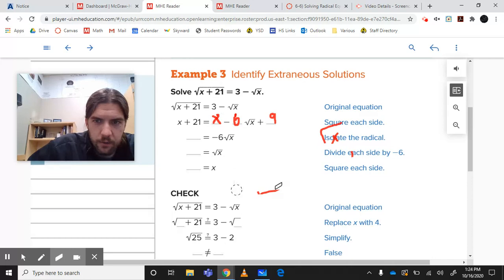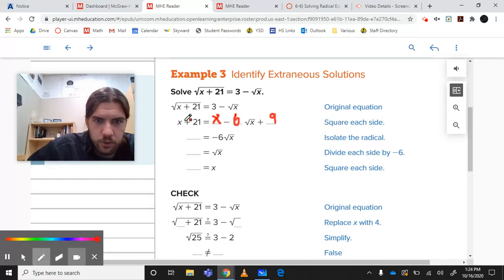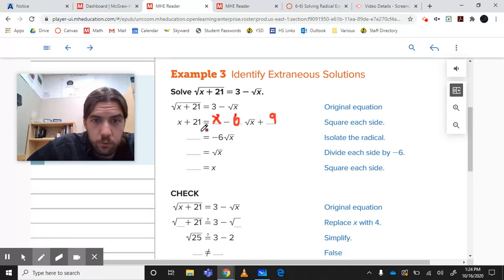Now the next step is we want to isolate the radical. We've got x on both sides, so we can subtract x. We've got 21 and 9, so let's take away 9 from both sides, and we end up with 12 equals negative 6 root x. Dividing both sides by negative 6, we get negative 2 equals root x. We get 4 equals x.